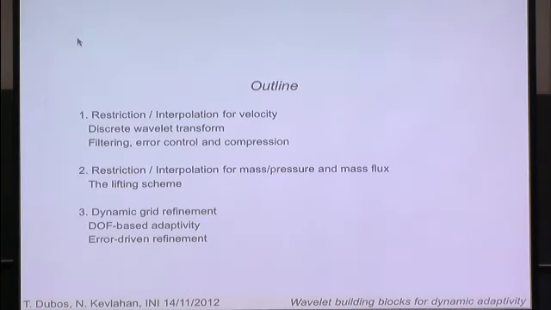Okay. So now we have all the basic ingredients to do dynamic grid refinement. So the grid refinement I talk about will be focusing on the degrees of freedom as opposed to the grid itself. And the reason is that the grid itself doesn't lead naturally to grid refinement.